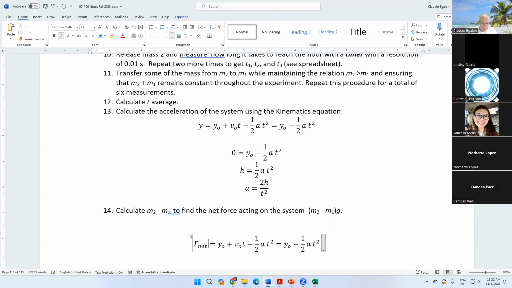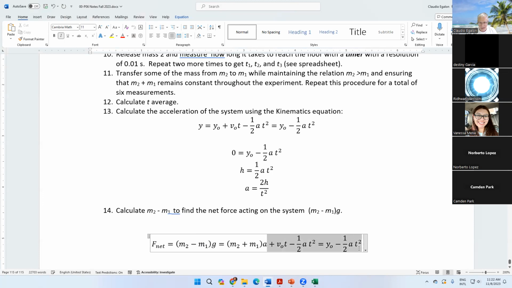Net force equal to M2 minus M1 times g, right? Is equal to the net mass of my system. See that? The net mass of my system, M2 plus M1 times the acceleration.